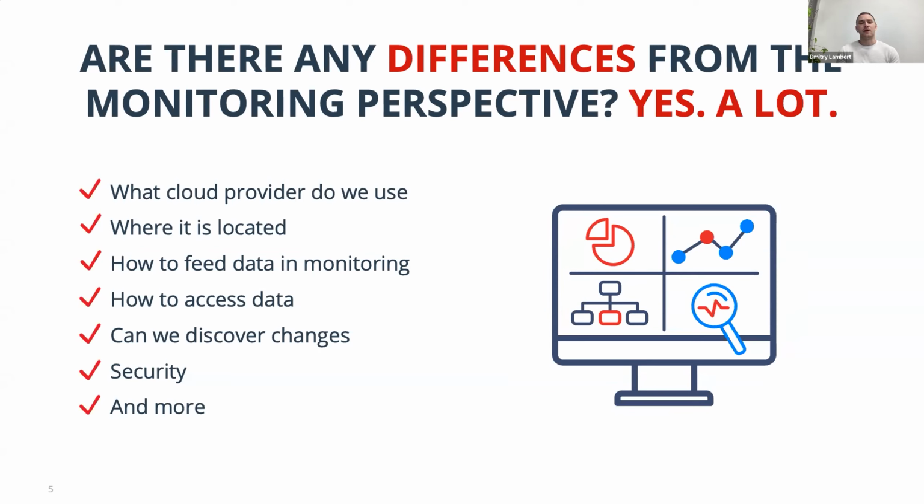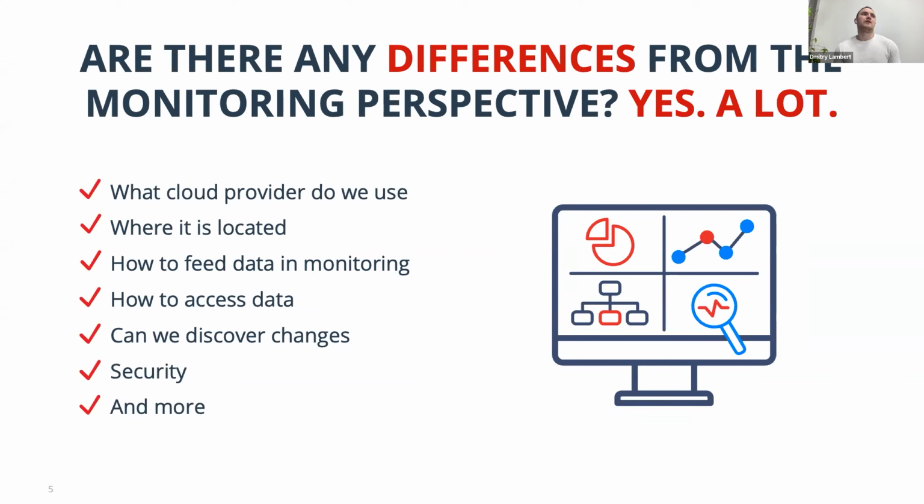First of all, what cloud provider do we use? In this case, will it be Azure, GCP or AWS? Each of them is quite a popular cloud, but again, you cannot take a single solution and apply it to all of them, even if the concept is more or less the same.